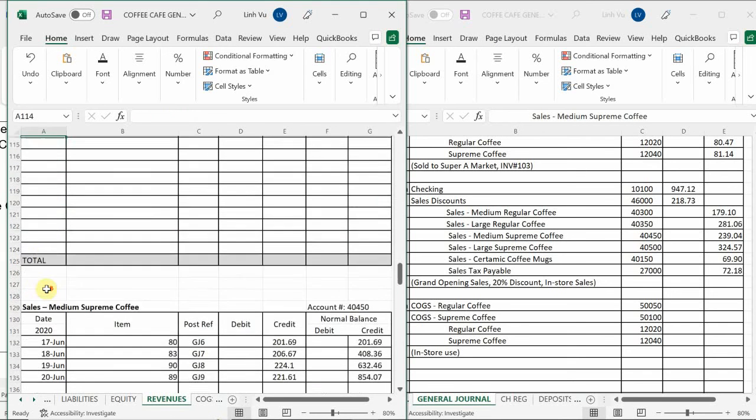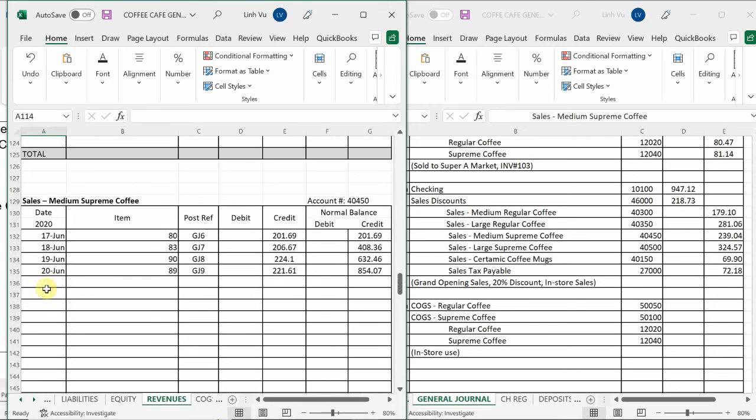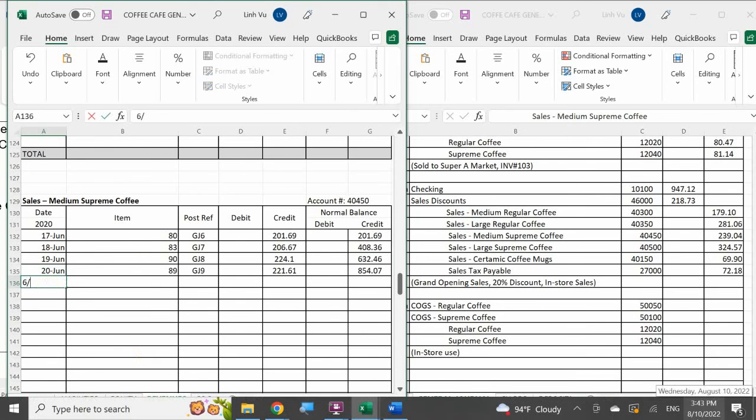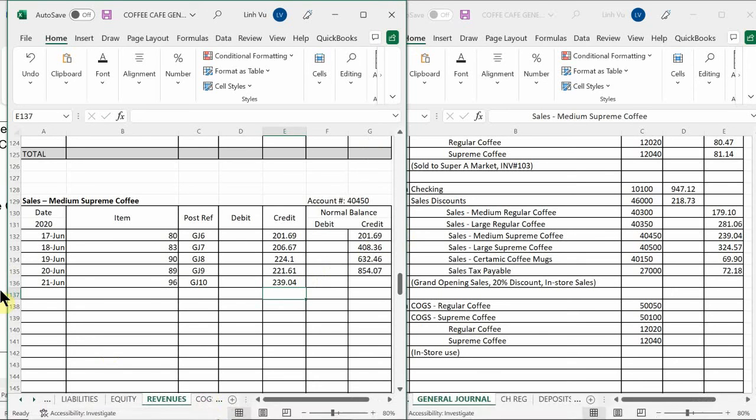And then next, premium medium, we have 96 cups. Page 10, 239.04. And I have credit total 1093.11.